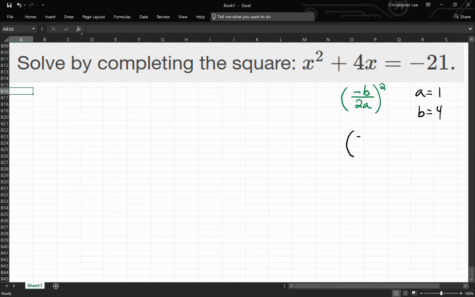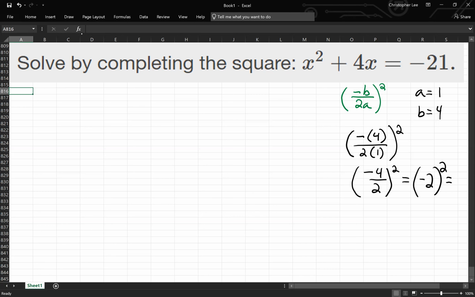I have negative 4 divided by 2 times 1, squared. So this becomes negative 4 over 2 squared. What's negative 4 over 2? Negative 2, squared, and negative 2 squared is positive 4.